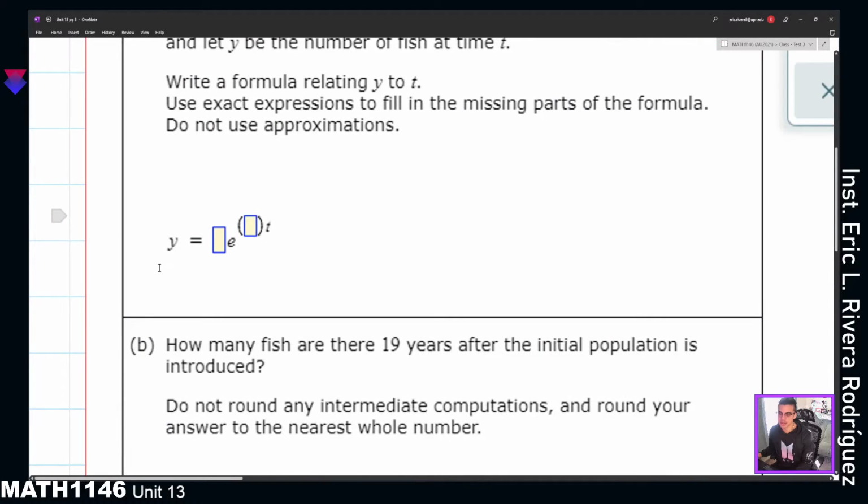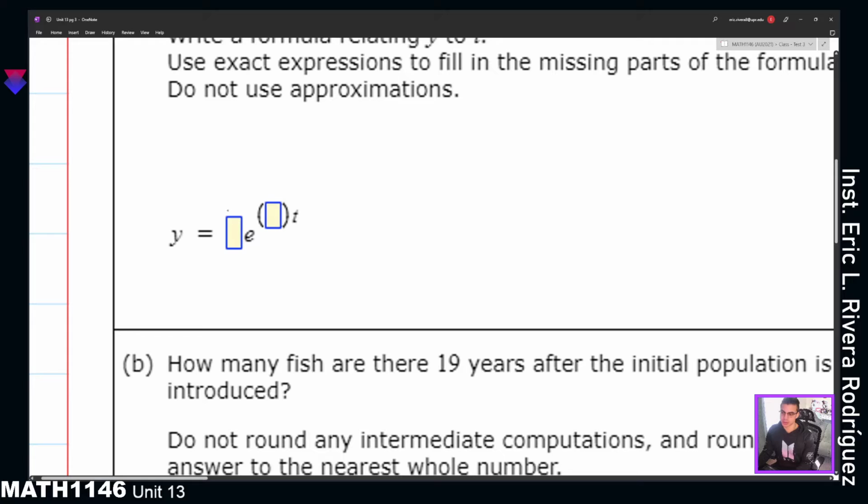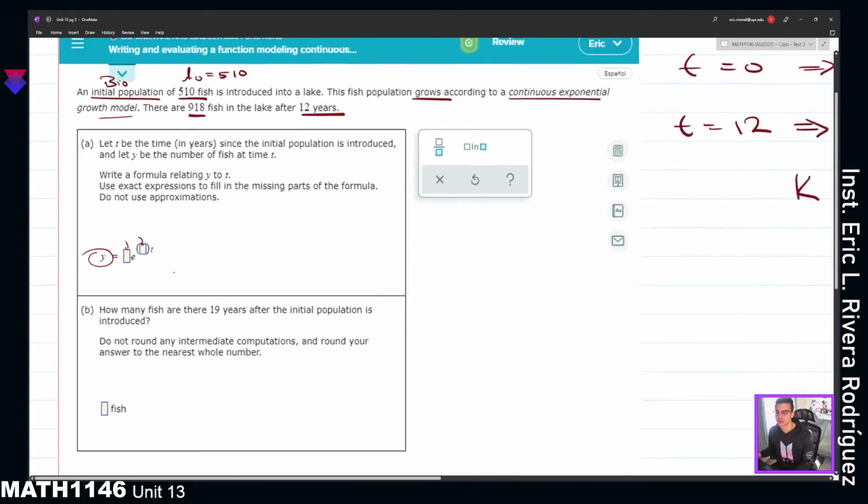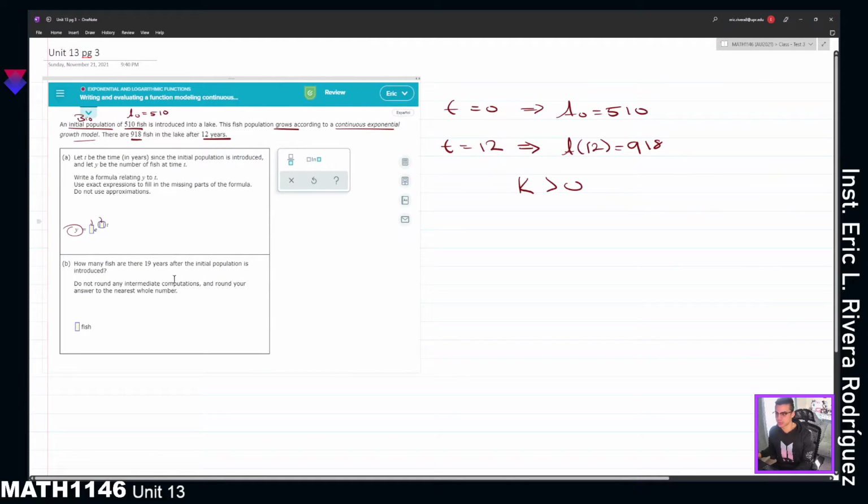So this is very similar to the one that we just did because we need to find two components of the formula. Y is being substituted by A of t. So I'm going to go quickly on this one.